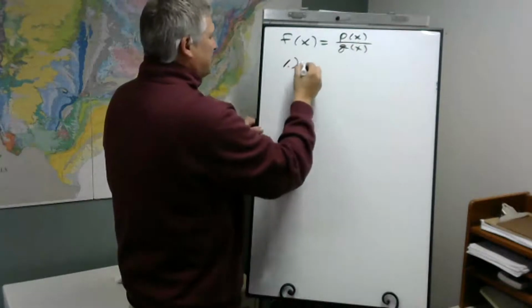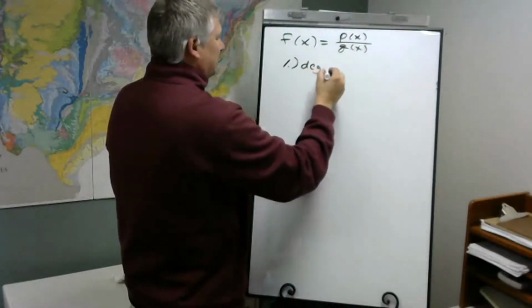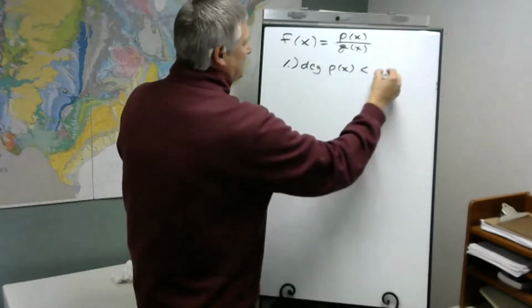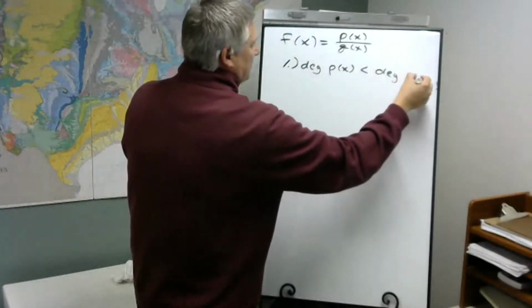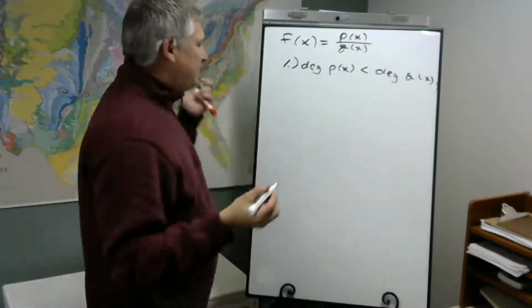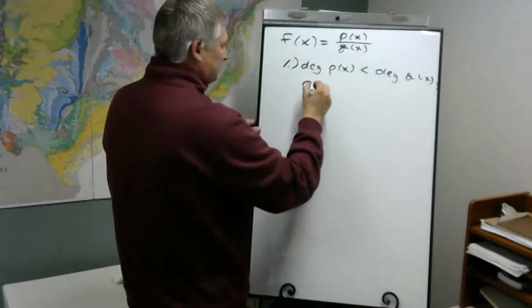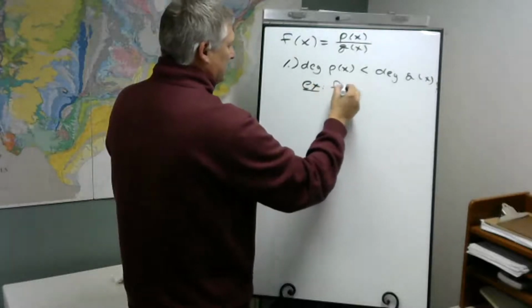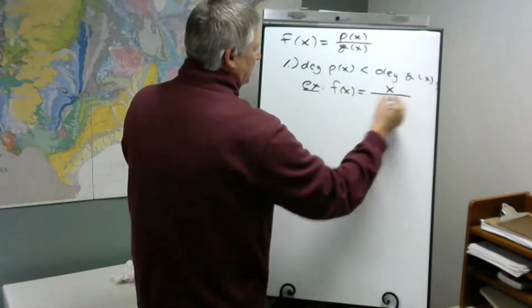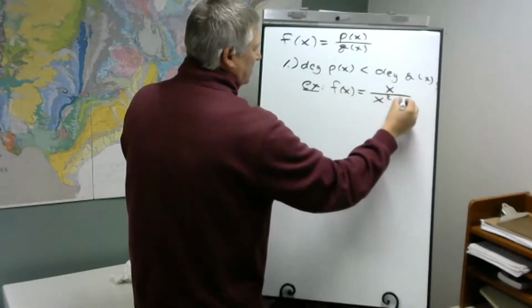The first off, when the degree of p of x, a top polynomial, is less than the degree of q of x. So something like this might be, for example, f of x equals x over x squared plus 1.